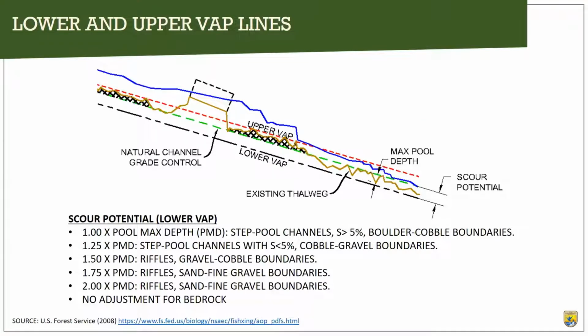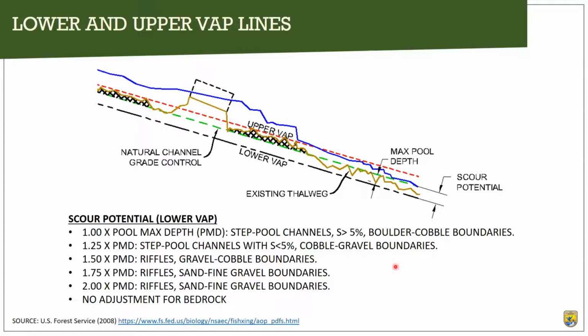So getting into this a little deeper, we're going to measure the max pool depth in a natural pool outside of the zone of influence of our culvert. And then we're going to apply a factor of safety to that max pool depth, depending on what our boundary layer consists of, what our channel materials consist of.